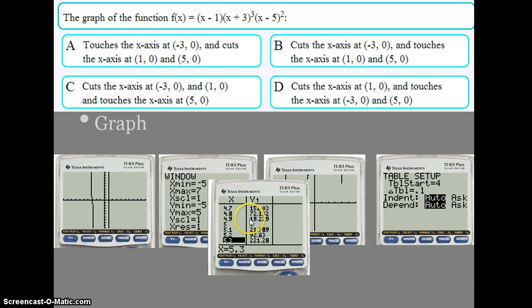And I noticed that we were above the x-axis and we were back above the x-axis, which indicates to me that it comes down and touches. All right, so let's see what we can figure out. We expect to cross, or in the words of this question, cut the x-axis at 1. And we should also cut the x-axis at -3, but we should sit on it at 5. So that one would be cuts, I think I pick C again. Cuts the x-axis at -3 and 1 and touches at 5.